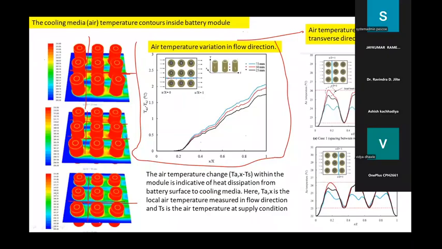If you look at this situation, we found that the air temperature increases and then decreases. It is obvious. If you look at the color, the air temperature is blue, which is minimal. The air temperature is maximum over here, which is behind the cell. Behind the cell, there is accumulation of heat.